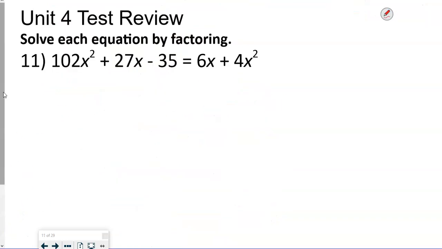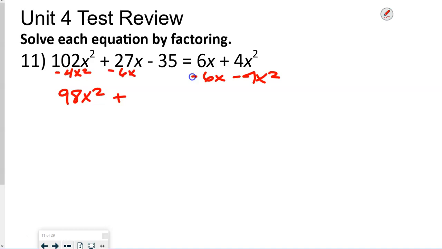So with 11, again, we're going to move everything to the left, okay? So we're going to subtract the 6x, and we're going to subtract the 4x squared, right? So when we do that, we're going to get 98x squared minus 4x squared and minus 6x here.